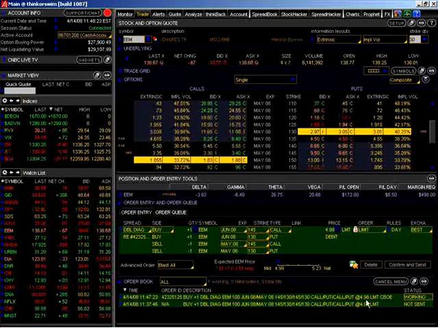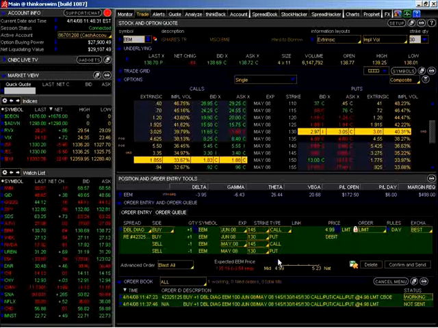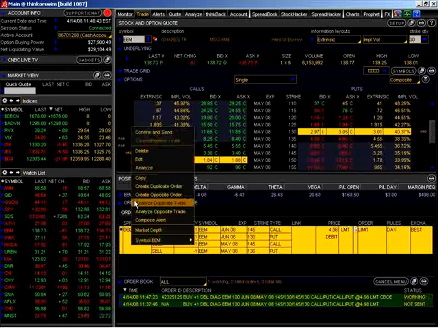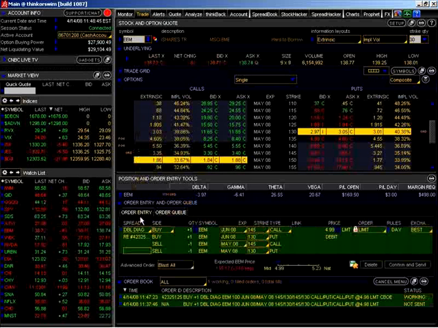This is what happens sometimes. We put it in at 498, and now the market has moved a little bit against us. It's at 499. So we're a penny off of the mid price, which means that we're probably not going to get filled on this, but we'll see what happens.